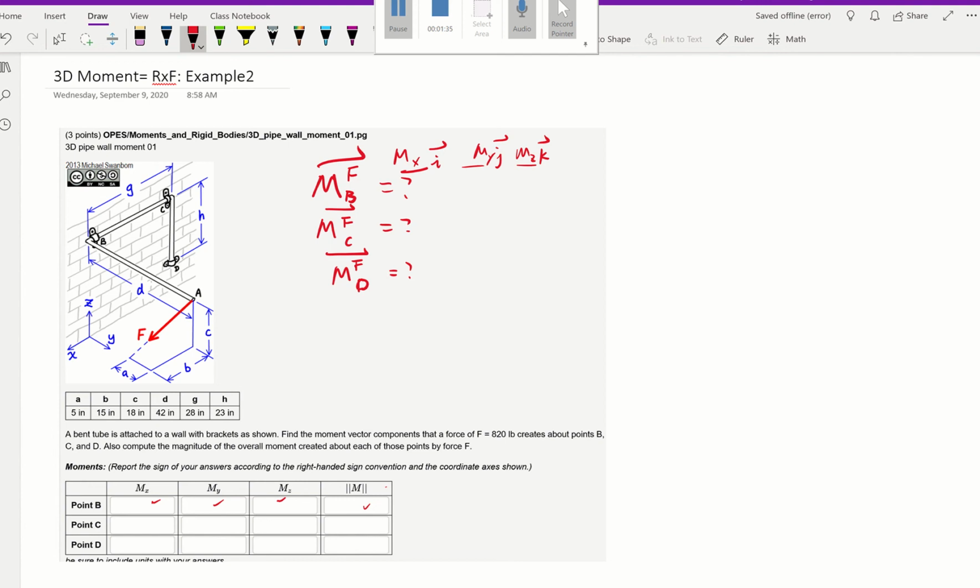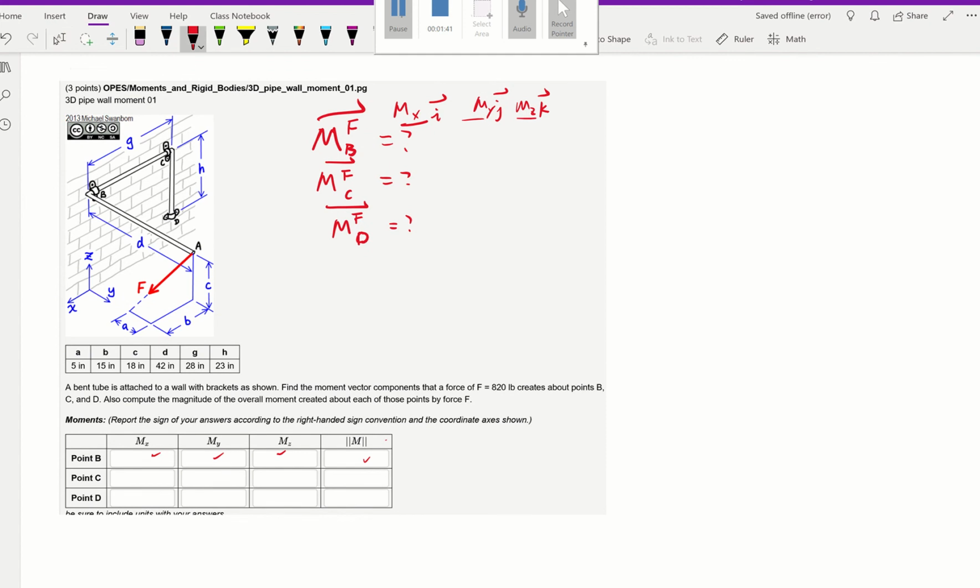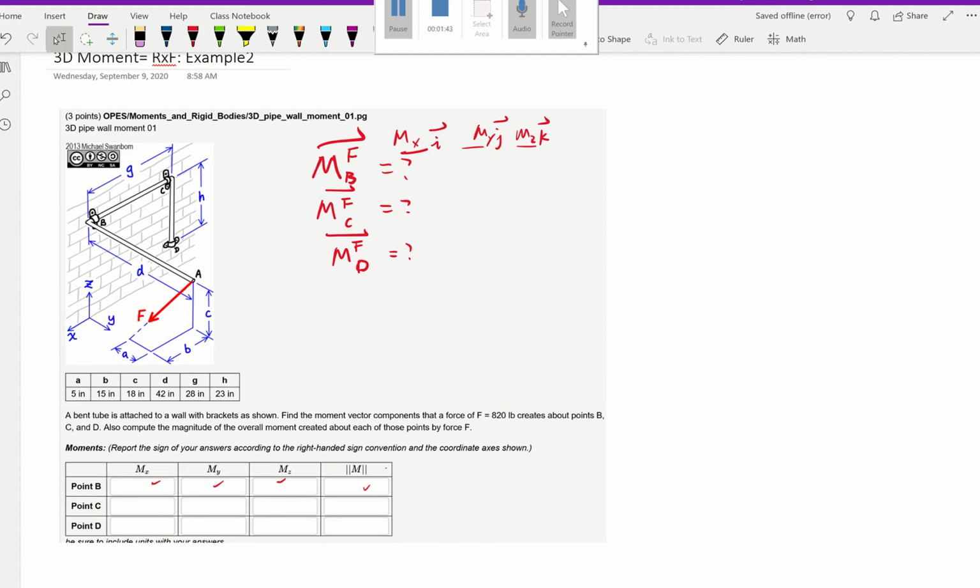Okay, so how do we solve it? Let's look at the first one: the moment of this force rotating about B. This force goes from A to this point, and there's no particular point given, but they give us this coordinate difference, so that's what we're going to use.